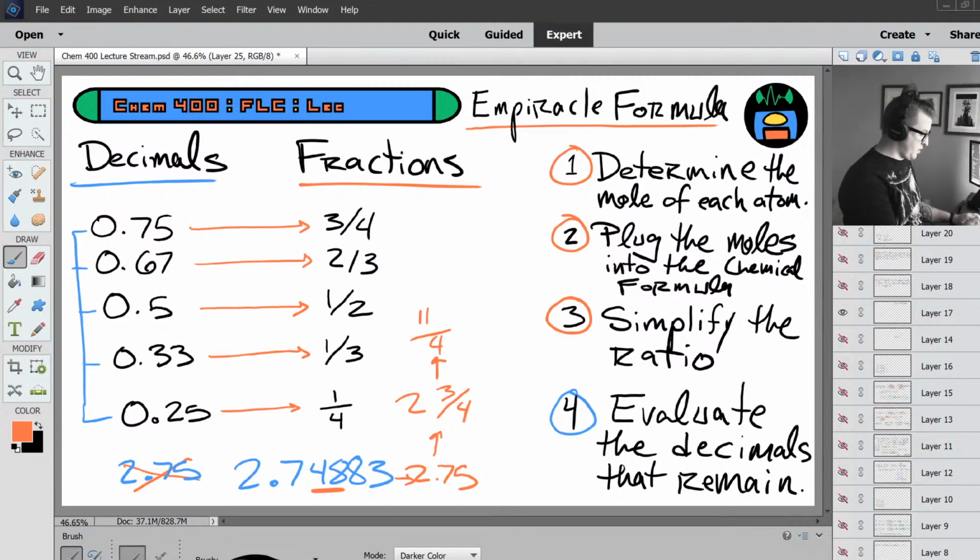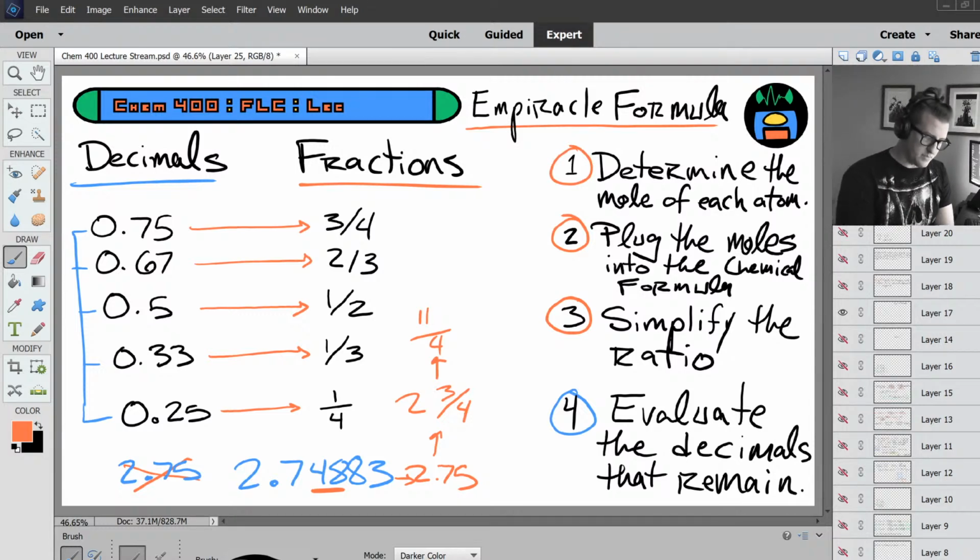I'm only going to give you decimals that are near these numbers, so you don't have to worry about things getting more exotic.